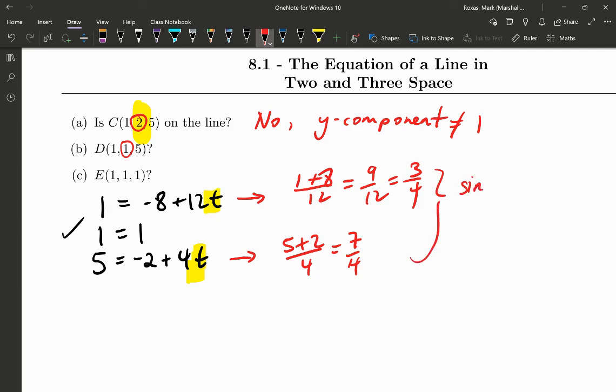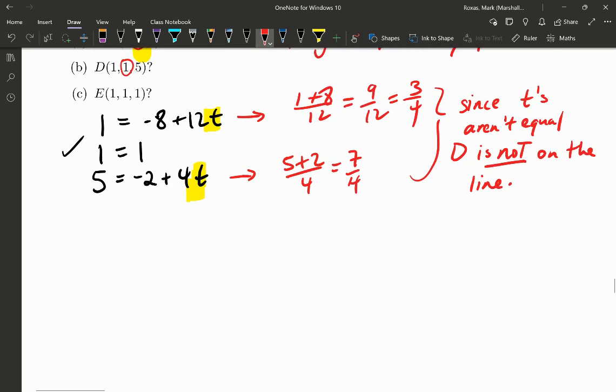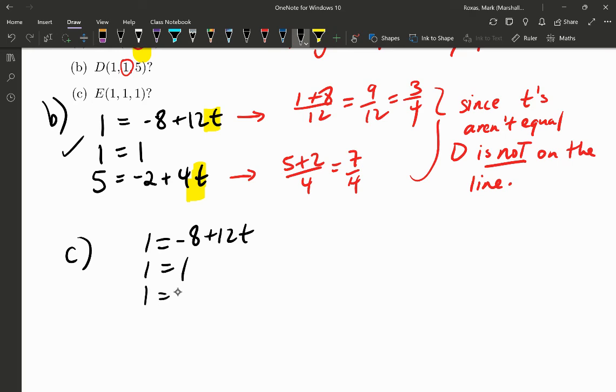So since the t's aren't equal, we say that point D is not on the line. Okay. What about point E? Same idea. So let's put part C here. Part C is 1 equals negative 8 plus 12t. 1 equals 1. We're good there. 1 equals negative 2 plus 4t.